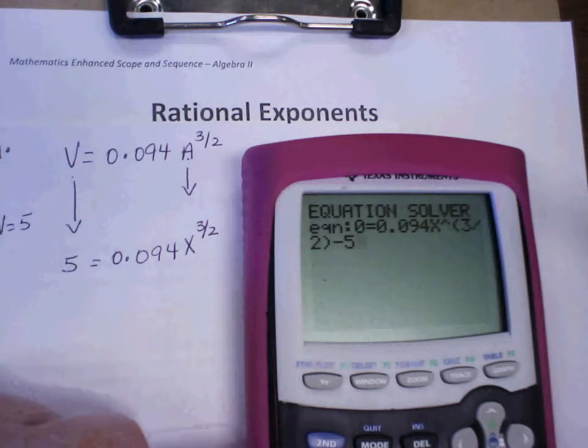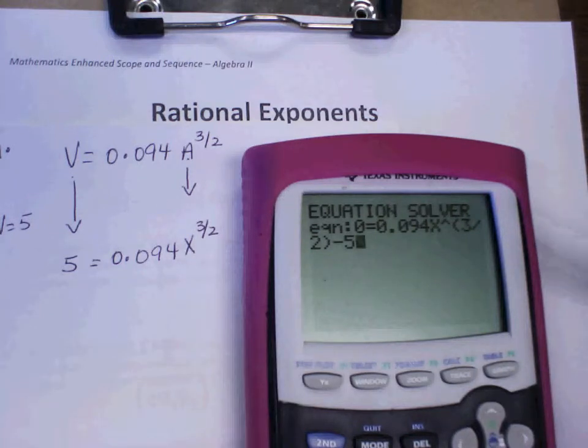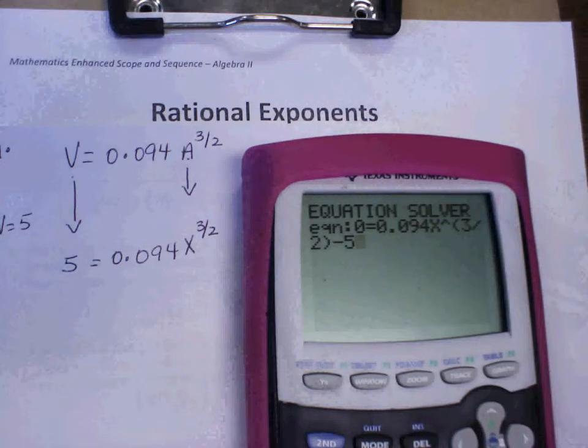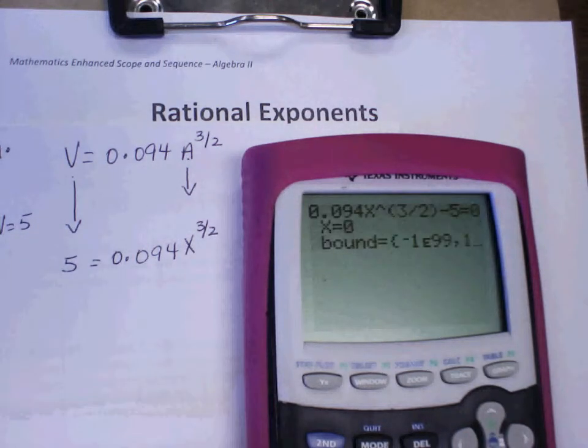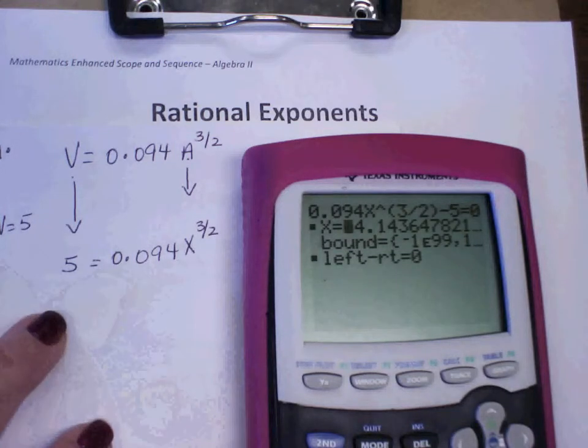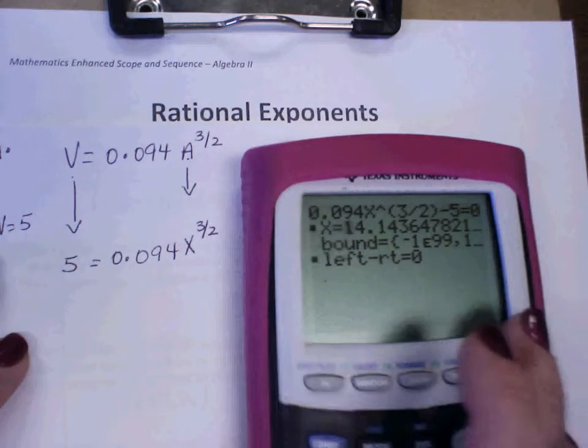Why did I put that 3 halves in parentheses? It's a fraction, and the equation solver does not let you put the fraction in there, correct? Not all the time, but this time I am right.